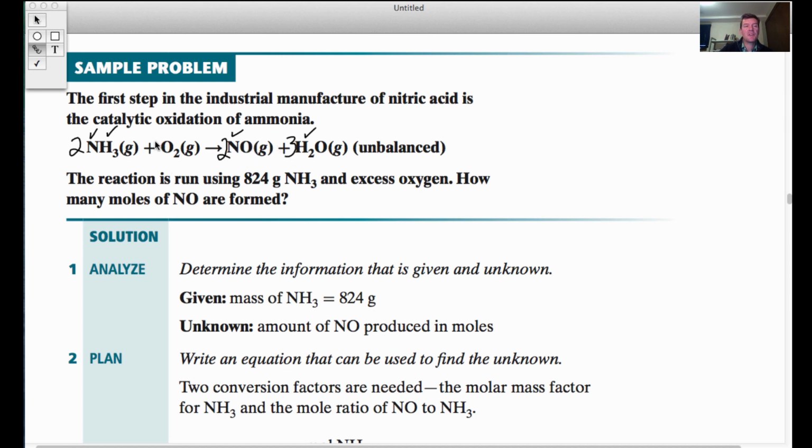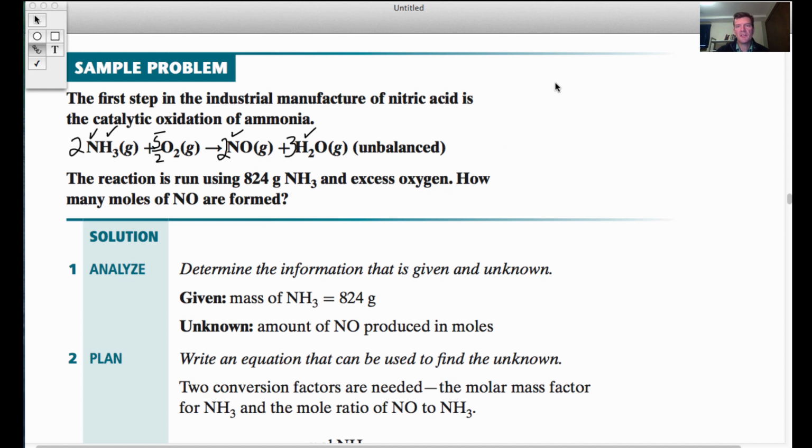So I'm going to multiply this by 5 halves. Why did I do that? Because 5 halves times 2 is going to give me 5. Now, we usually don't leave fractions as coefficients in our balanced equation. So I'm going to multiply everything by 2, so I get rid of this fraction right here. I'm going to multiply by that denominator. And so here is my balanced equation.